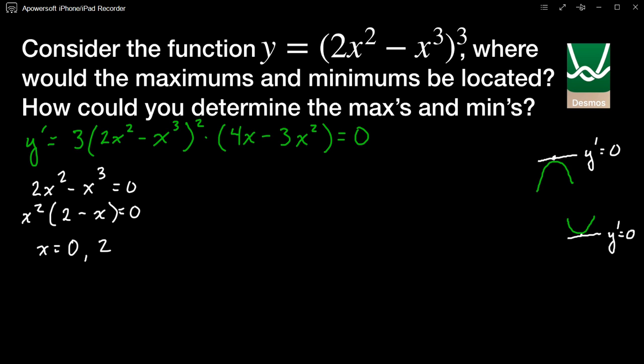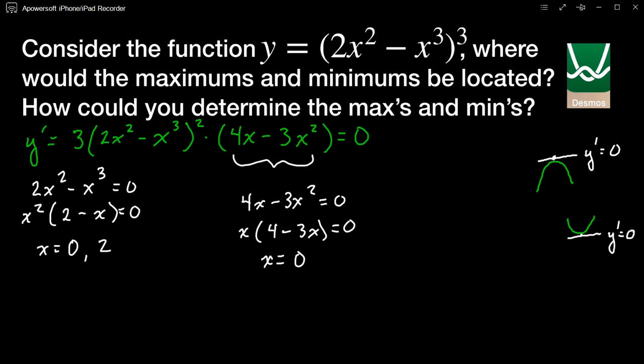We can do the same thing with this over here. That's going to give us 4x minus 3x squared equals 0. You can factor an x out, which leaves you with 4 minus 3x, and x values of 0 make it 0, and so does x equal to 4/3.